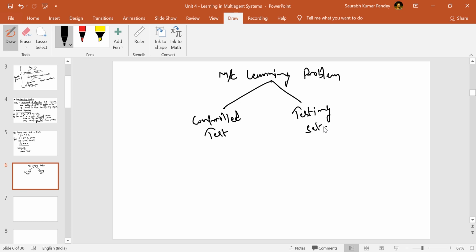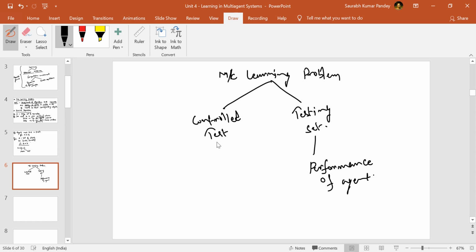Fine. So when we say that we have a control set, therein you have a large set of examples, capital E. You will divide your capital E into training sets first, and then you train the agent. And when you use a testing set, it is this testing set you will use to test the performance of the agent. So this is related to the testing of performance of the agent.